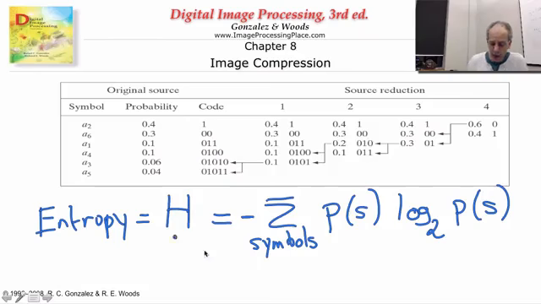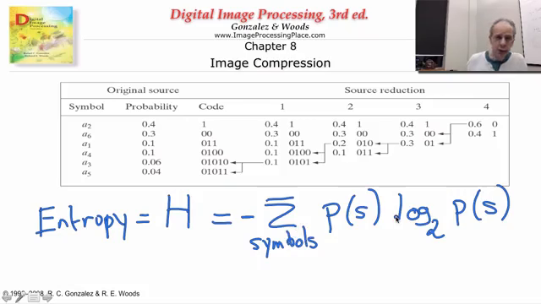At the end this is a positive number, because all probabilities are below 1, and therefore the logs of the probabilities are negative numbers, and with the minus we get a positive. And Shannon's theorem says that asymptotically we can achieve this code length on average. So this is what's achievable with codes like the Huffman code. We can compute this number and say, that's going to be my expected average code length.